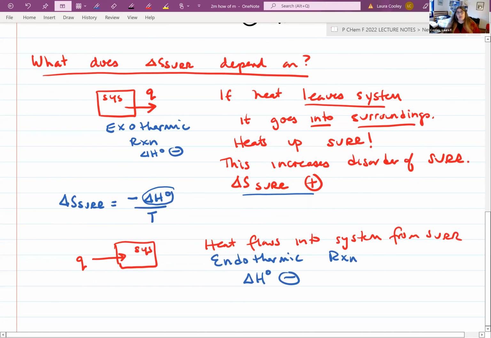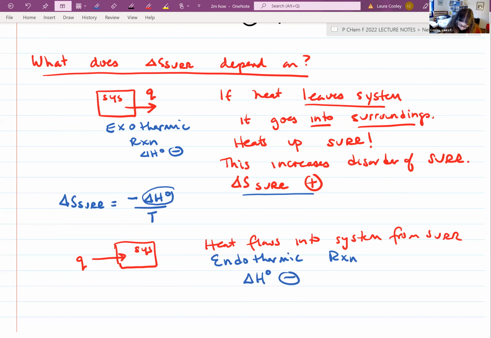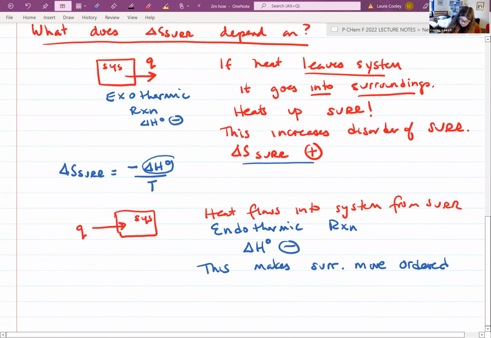That's actually making the surroundings more disordered. Sorry, more ordered, duh. More ordered.